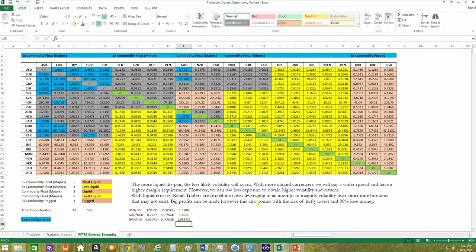And we get 1.088732. If we check in the table the euro dollar rate, we can see that it's correct in cell D5.